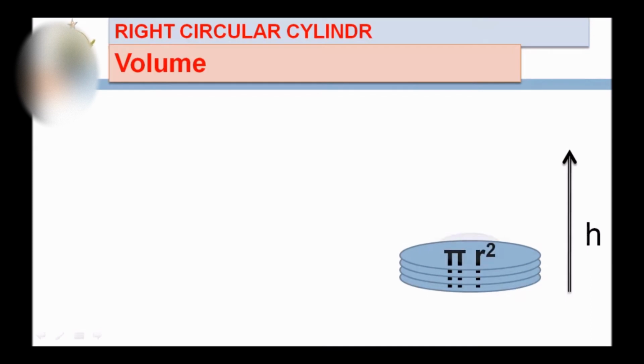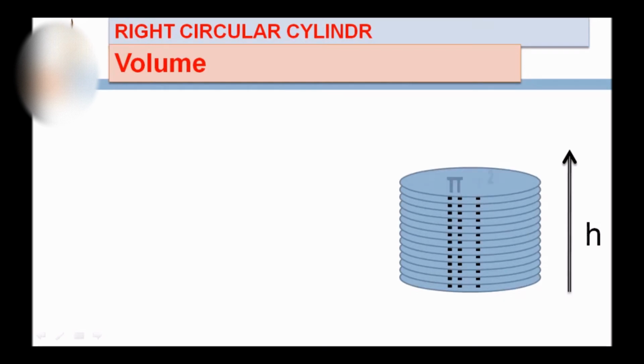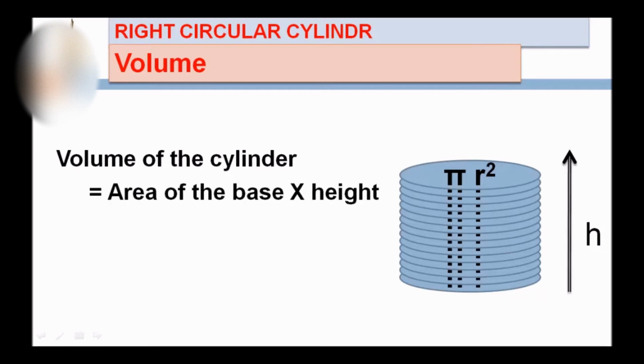When we put discs on each other, its height will increase and volume will also increase. It means that volume of cylinder is equal to area of base multiplied by height.